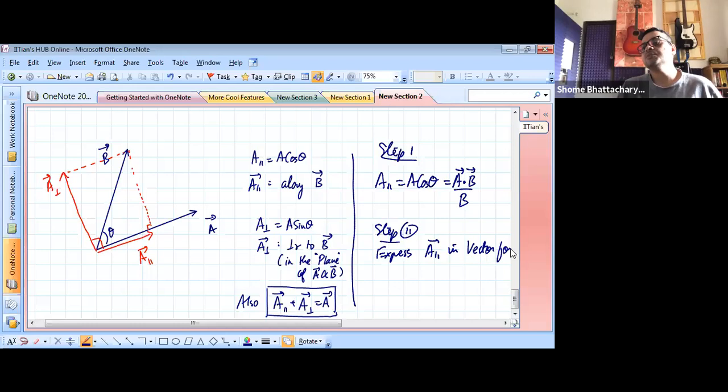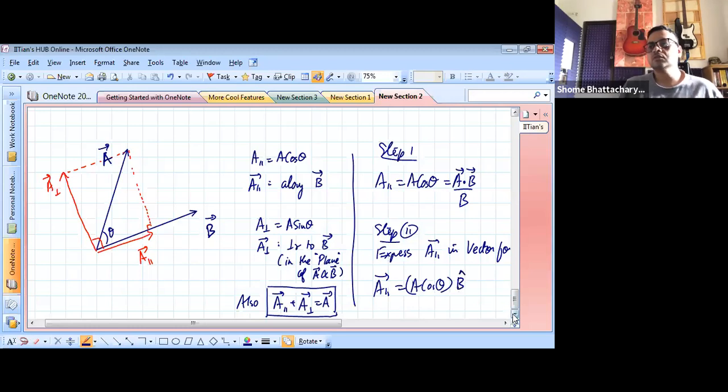So for that, what will we have to do? We have to express it as its magnitude into some unit vector. So that unit vector will be what? It will be a unit vector which is in the direction of the vector B. Okay. So just a minute, there's a small correction here. This one is the vector A, and this one is the vector B. Okay. So what is the direction of this? It is B cap.